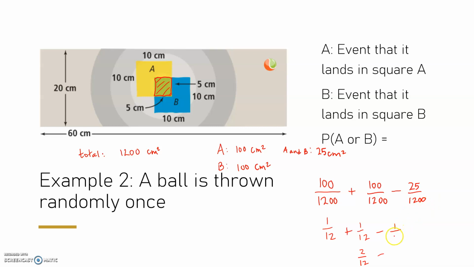How many quarters would that be? That would be 48 quarters. So then if I subtract those, I need a common denominator. So I'd make this a 48. So it'd be 8 minus 1 over 48, or 7/48. So that's the probability that I land either in the yellow or in the blue or in that overlapping area.